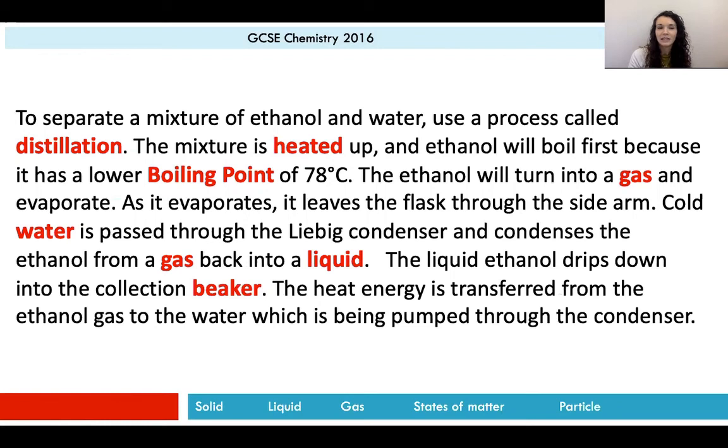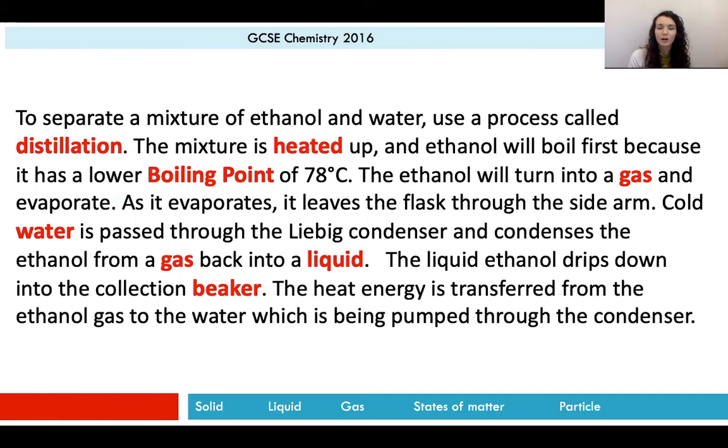So to separate out a mixture of ethanol and water, we use a process called distillation. The mixture is heated up and ethanol will boil first because it has a lower boiling point of 78 degrees. The ethanol will turn into a gas and evaporate. As it evaporates, it leaves the flask through the sidearm.